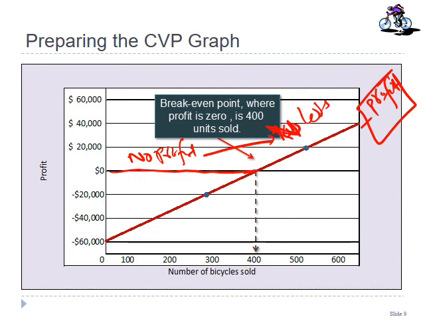So you can easily find the point at which you have $0 profit, and you can find the number of units sold here. In that case, it also proves that break-even is 400 units. Good.